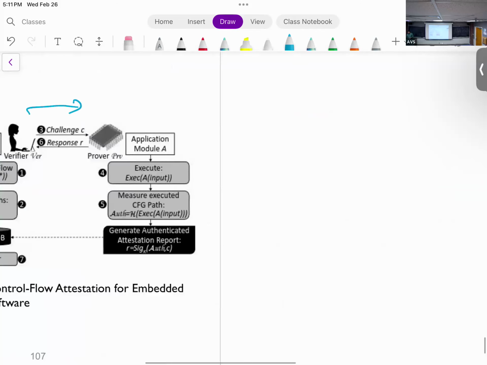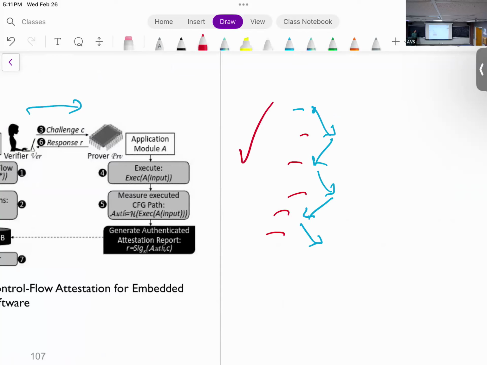So essentially, it's recreating the basic blocks that have been executed. Now it checks whether these are the correct basic blocks for this input or not. If they are, then I can trust this execution. If not, then it means that at some point during this execution, something happened, so it jumped to some other basic blocks that it wasn't supposed to. So this is how it's protected.